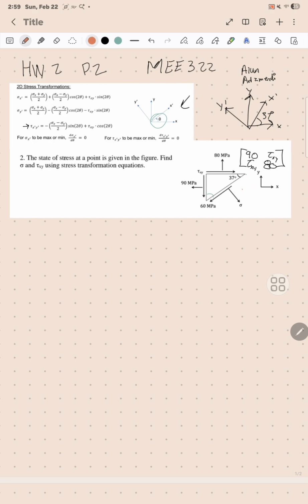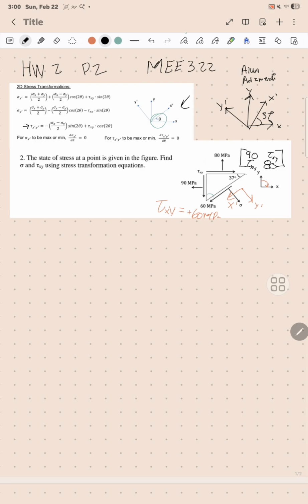So again, I'm saying that this guy is going to be my y, and I know that it's going to be clockwise for x, so x is going to be over here for my x prime, y prime. So I know that my tau xy prime is going to be positive 60 MPa. Cool. So the first thing is always to get those signs out of the way, just to figure out what they are at the beginning, and we're able to start that problem now.